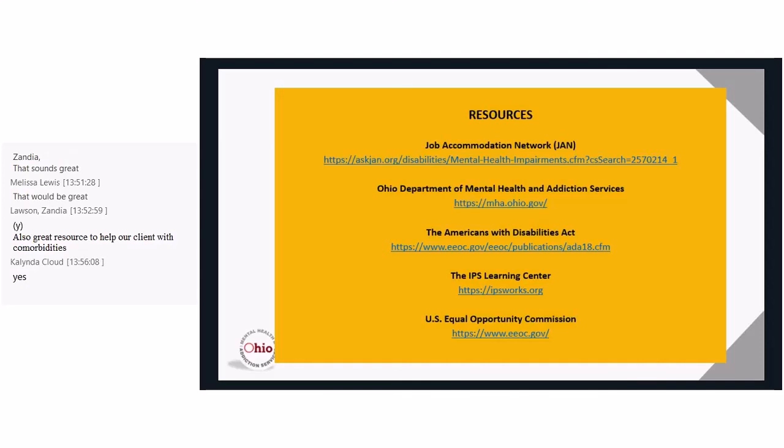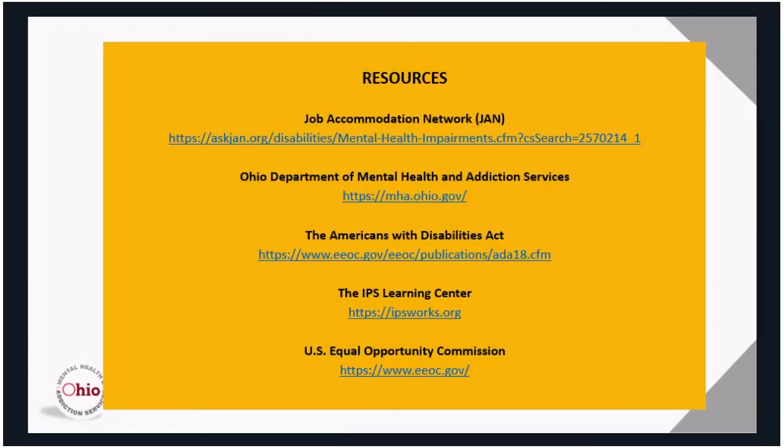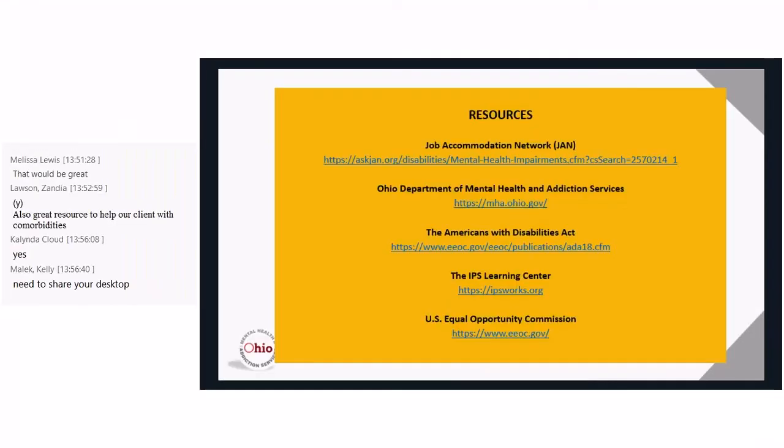I have a feeling a lot of you on the call are familiar with this. This form comes from the IPS Employment Center, and it is a great form to use in talking to your clients about disclosure. Another great form that you can use is this disclosure conversation tool form.